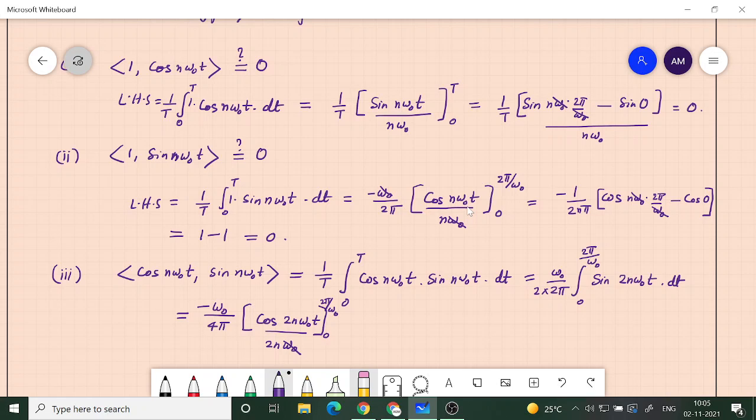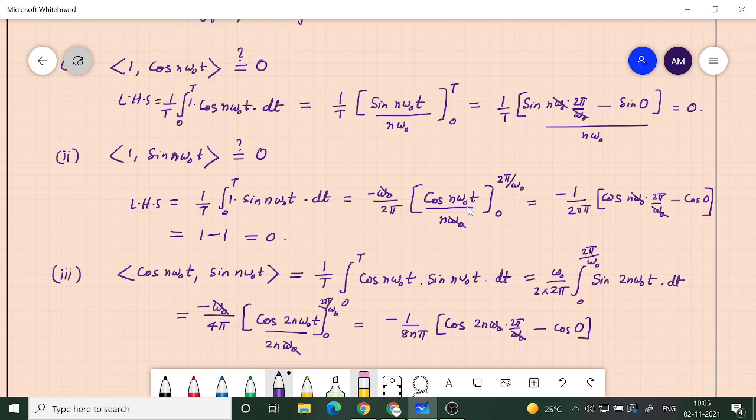Okay, so omega naught cancels. What we are going to get is minus, if I take all the constant terms, 1 by 8n pi, and inside the bracket I will have the upper limit, that is cos 2n omega 0 into 2 pi by omega naught, minus cos 0.